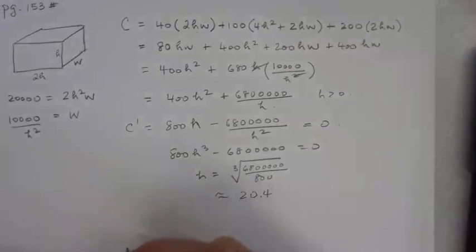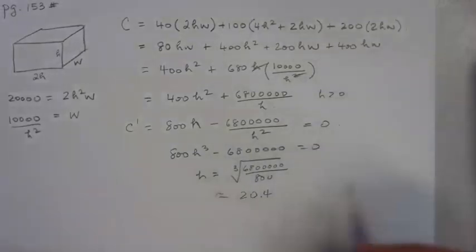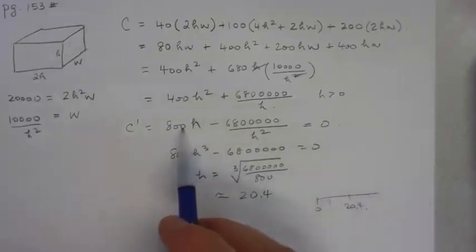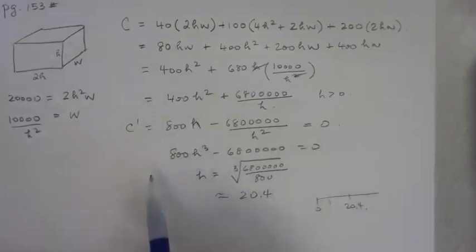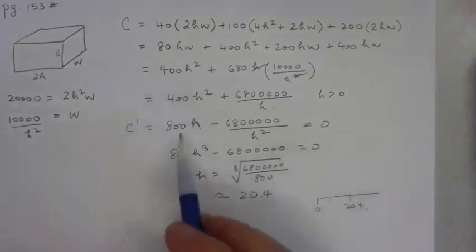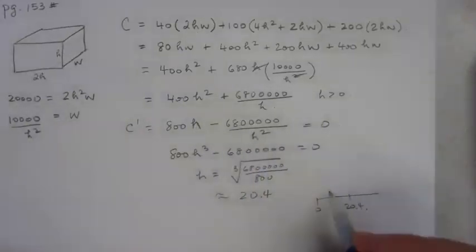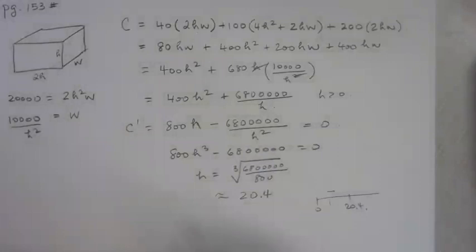Okay. So now you're going to check, of course, that this is indeed a minimum. We're minimizing costs. So here, if we put in 1, we've got 800 divided by 1 minus 6 million. This is definitely negative. I don't think there's any debate there.